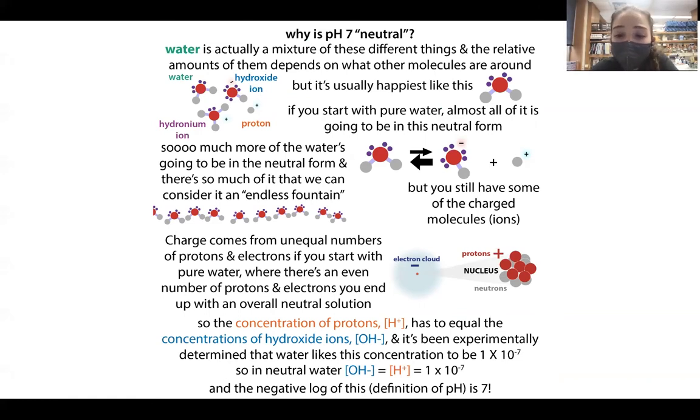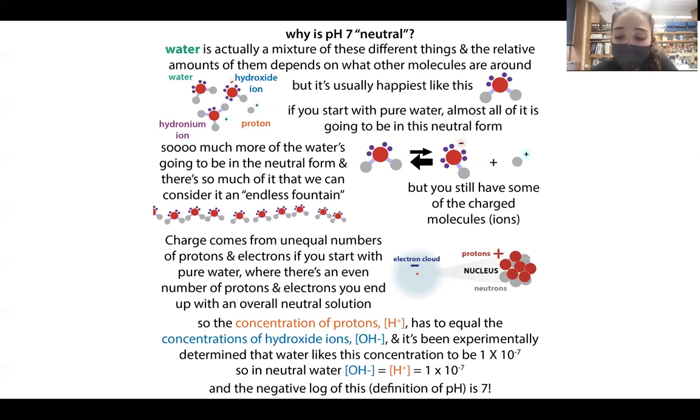And since we have to be getting to 14, then each of those has to be 7. And so if you take the opposite of the negative log 10, then you get back to having 1 times 10 to the negative 7 of each. And the negative log of that is 7. So this is why neutral water has a pH of 7.